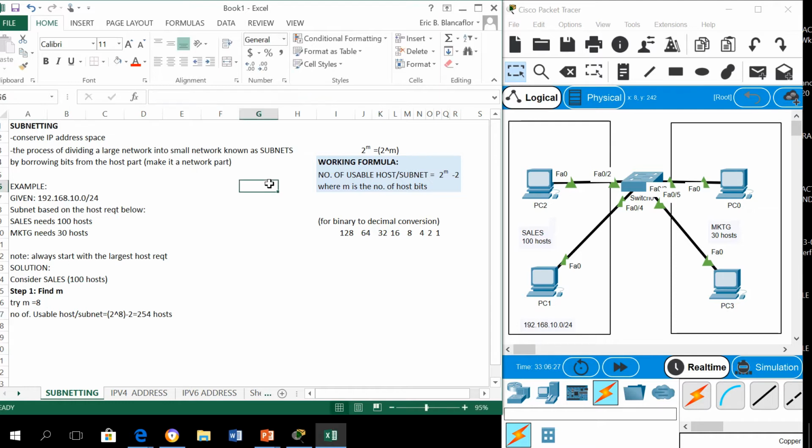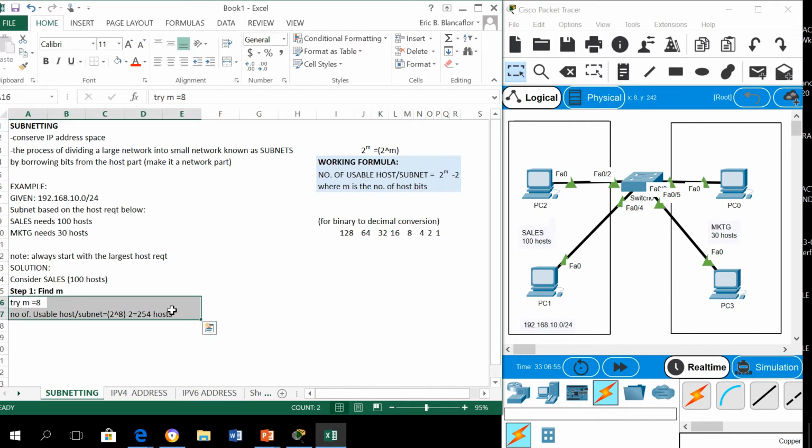I suppose everyone is familiar with this symbol. It means an exponent. So 2 raised to 8 means you multiply 2 eight times: 2, 4, 8, 16, 32, 64, 128, 256. I already reached 8. And then minus 2, 254. So at M of 8, there are 254 hosts.